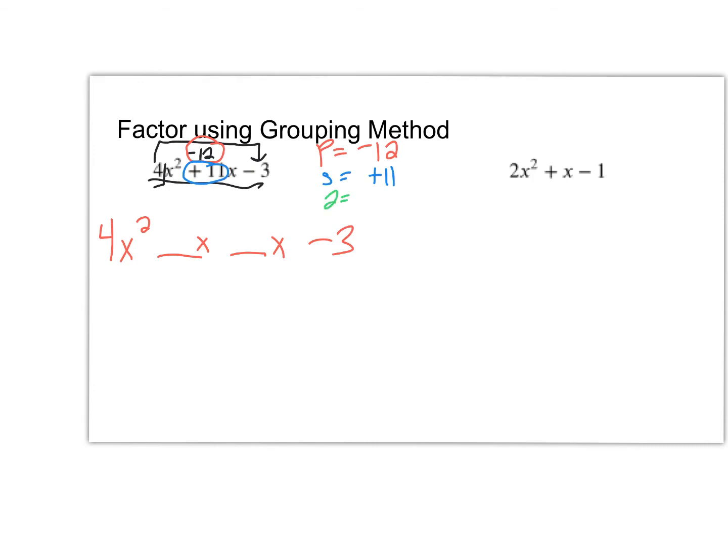All right, my two numbers that multiply to 12 but subtract to 11 are going to be 12 and 1. Now my signs to give me positive 11 are positive 12 and negative 1. So these two numbers are what goes on the line. Positive 12, negative 1.